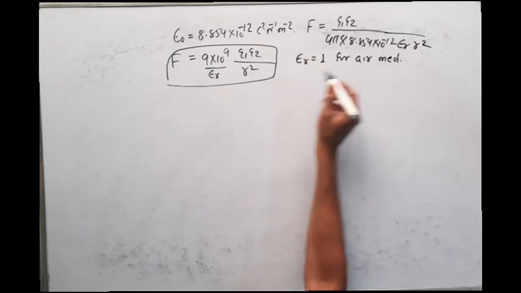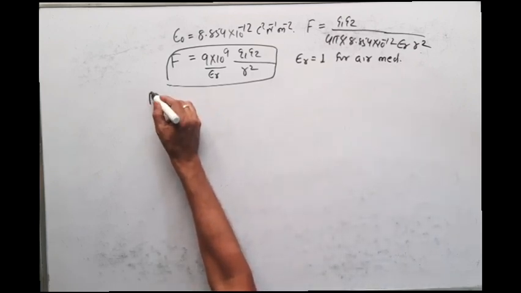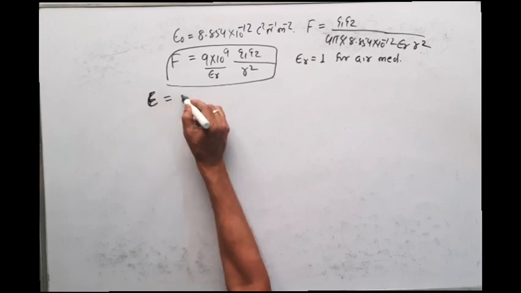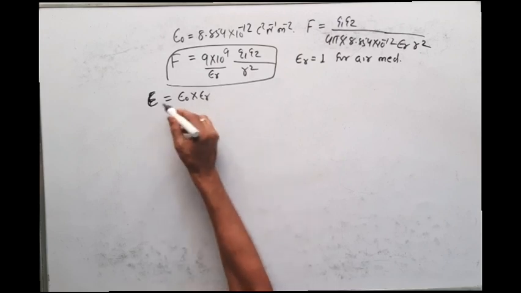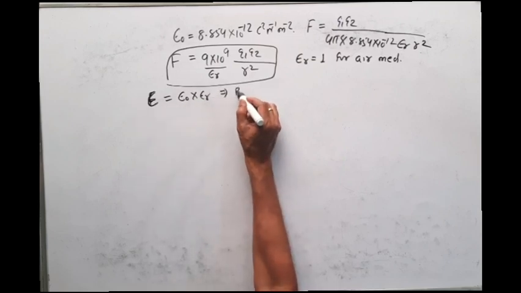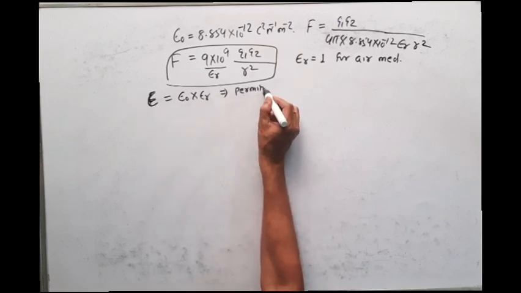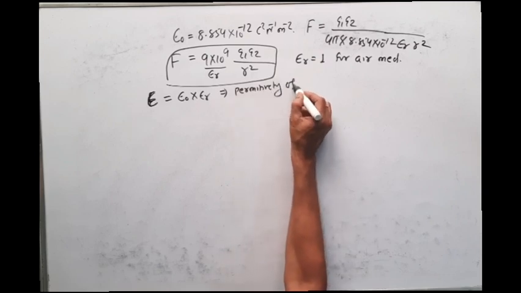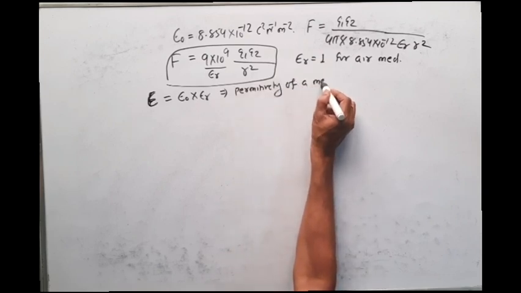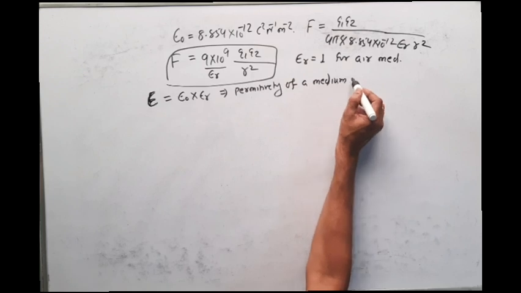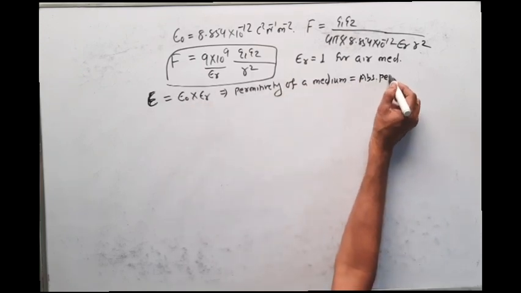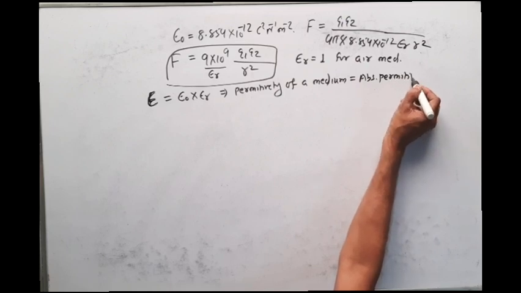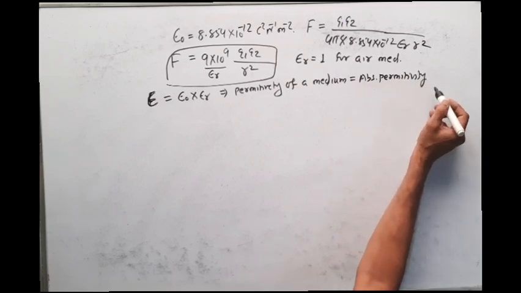So what is epsilon? Epsilon is taken to be epsilon naught into epsilon r. Epsilon is called the permittivity of a medium, and epsilon naught is called the absolute permittivity, that is, the permittivity of air or vacuum.